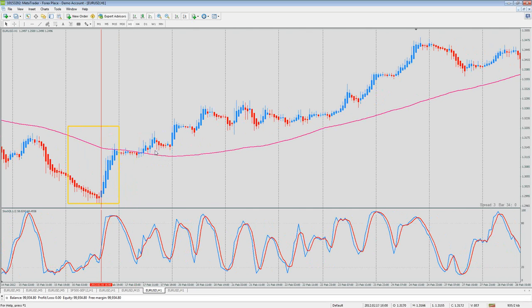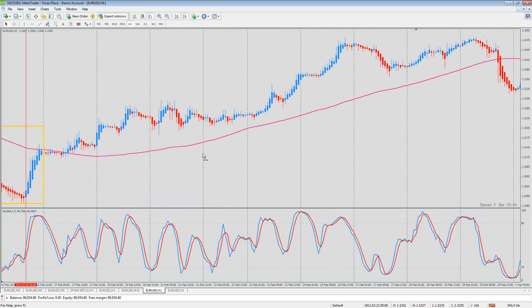And then, in order to time the entries, what we're looking for is retracements towards the 100 SMA. On the shorter time frame, retracements, and again, reversal of Heikin Ashi from red to blue, from bearish to bullish candles, and crossing of the stochastic.